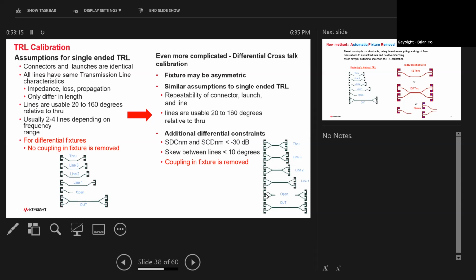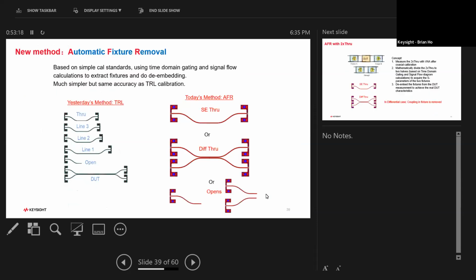So it's very complicated, but that's why we introduce AFR, automatic fixture removal, where instead of using the TRL modeling, we're going to use the through, differential through, and open that we talked about in de-embedding previously. So we're going to use those models instead of this method to make things easier. And we'll explain some things later.